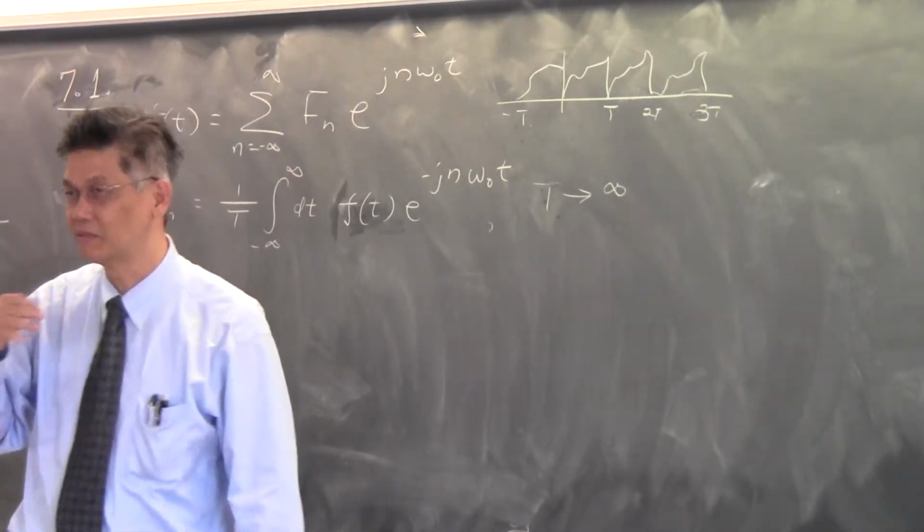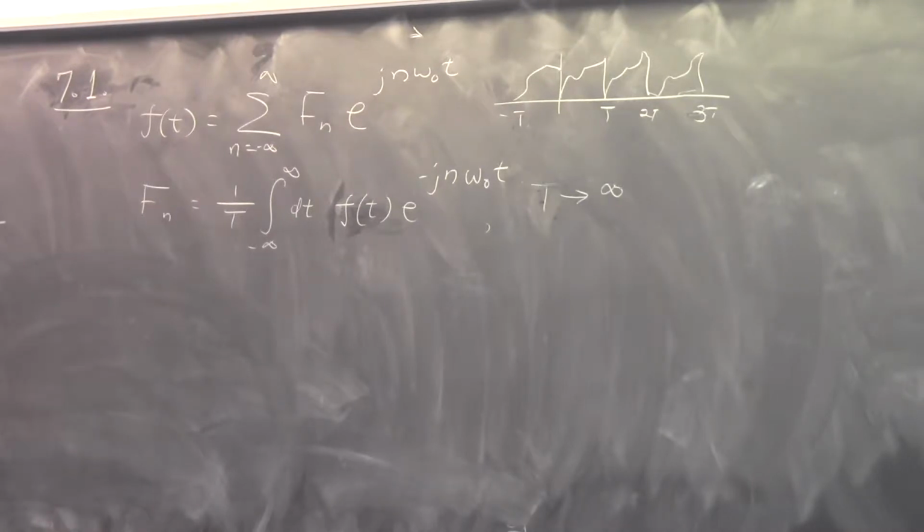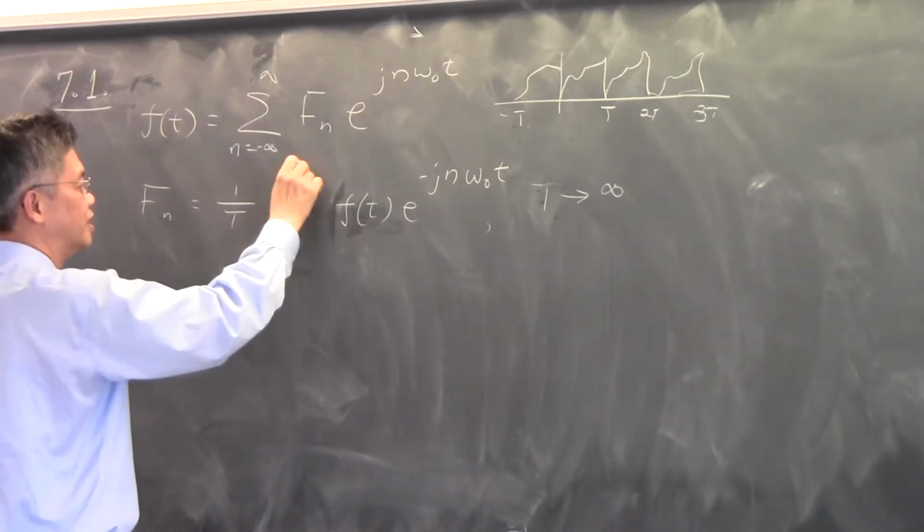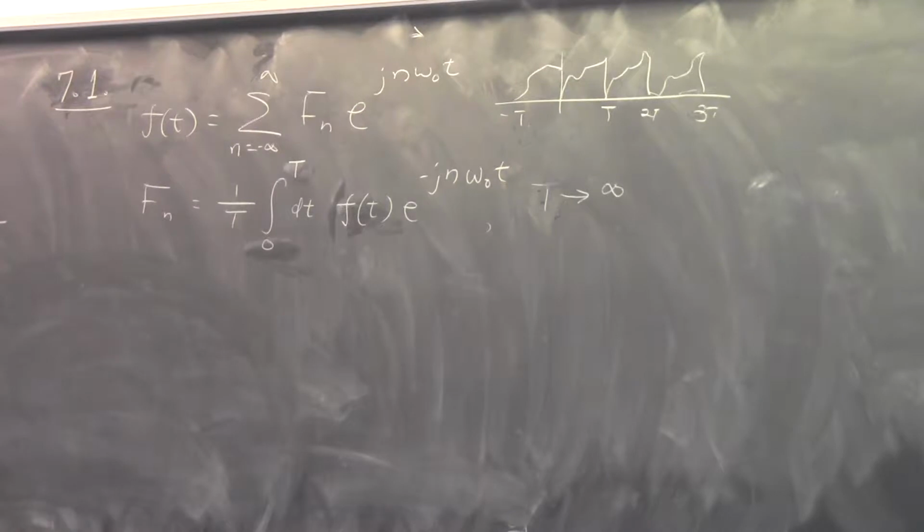And then this relationship can be used for aperiodic signals as well. Yes? Isn't it over one period? Oh, yes. There's integration over a period. Very good. So it should be 0 to T. Okay, 0 to T. And then it can be minus T over 2 to plus T over 2 as well, since this is a periodic signal.